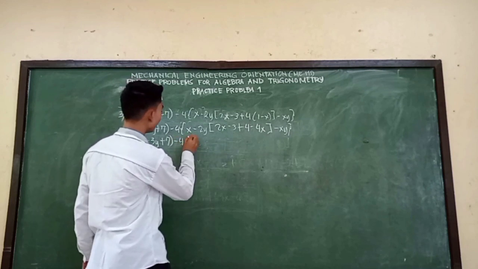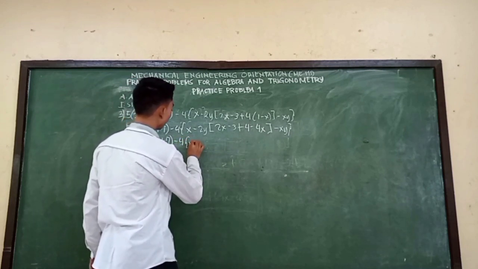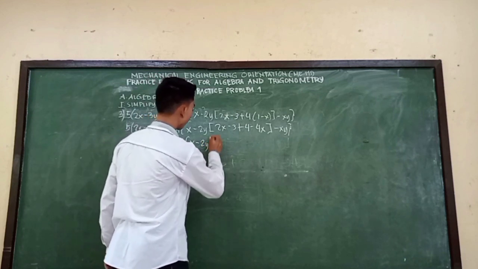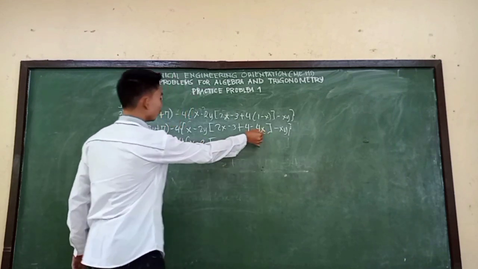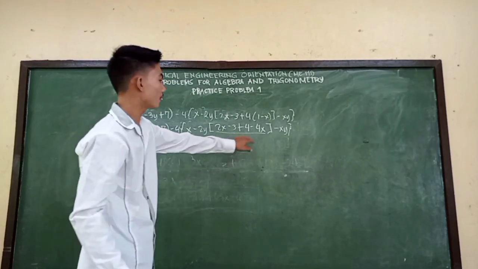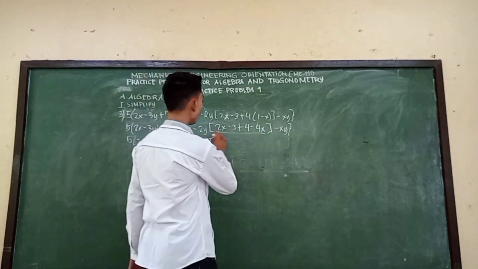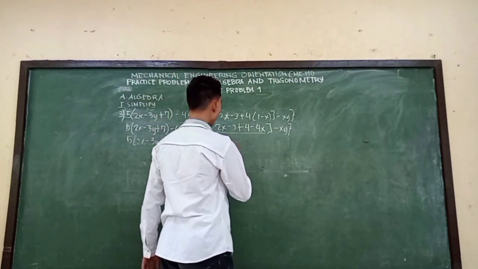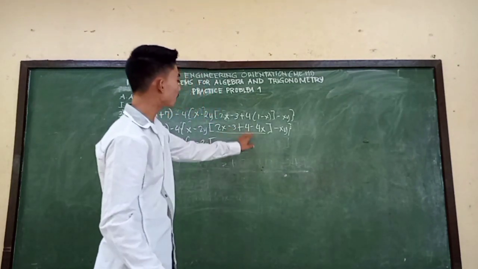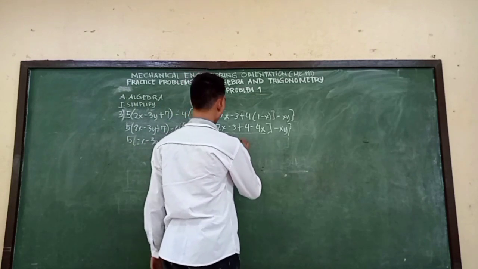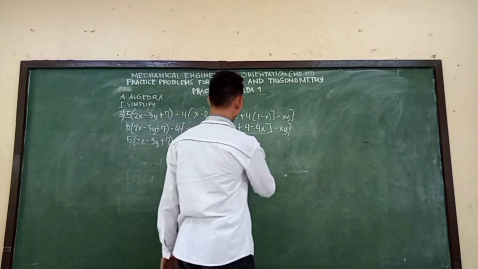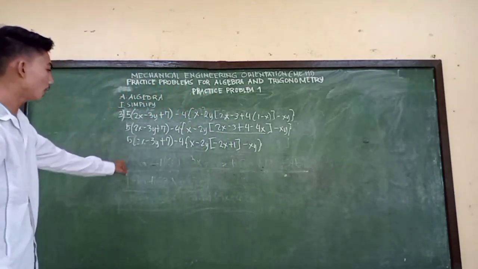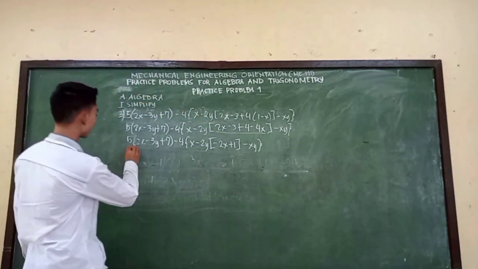Parentheses. We will copy braces x minus 2y. And then we will combine like terms inside this bracket. 2x minus 4x is equal to negative 2x, and then negative 3 plus 4 is equal to 1. The negative xy braces. Next, copy.